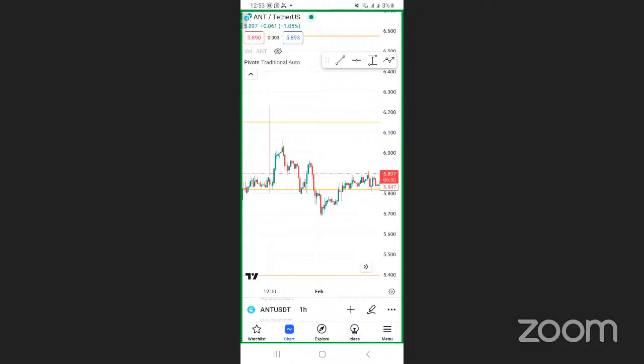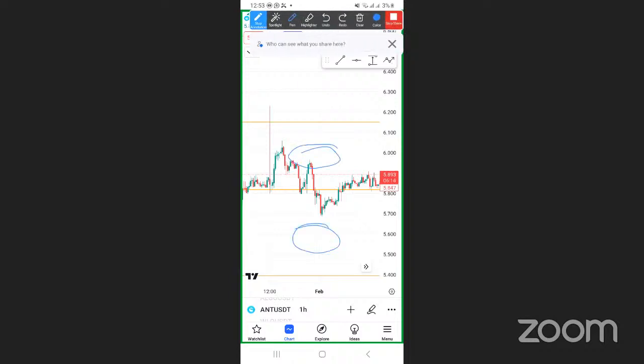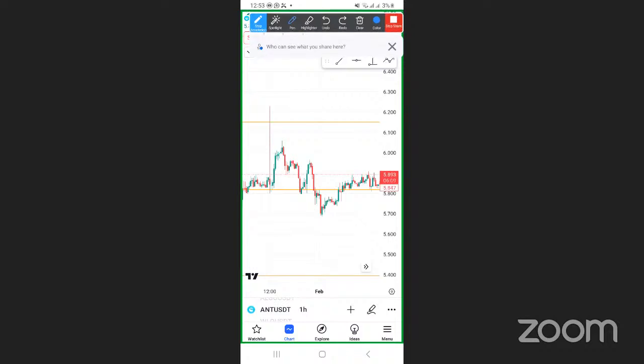You get it? Now, we are using a free version of TradingView. So it does not allow beyond 3 indicators. You get? Like you can see. So TradingView gives me a chance to use 3 indicators.